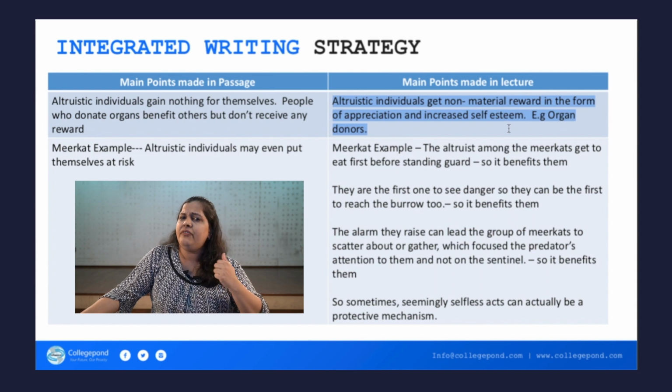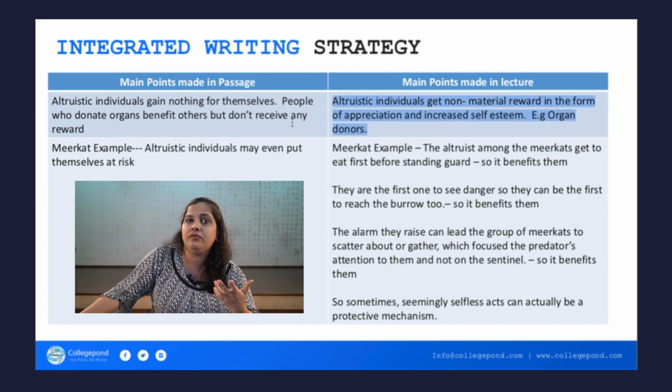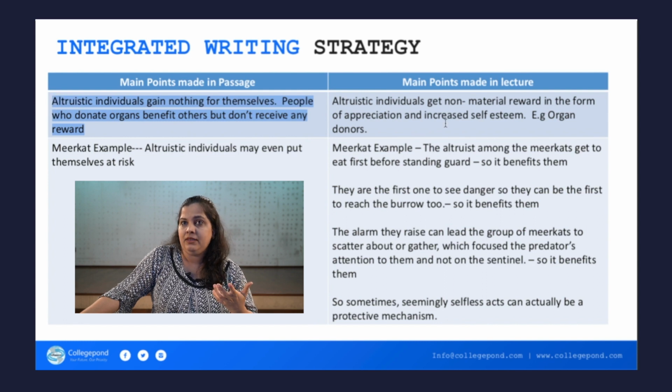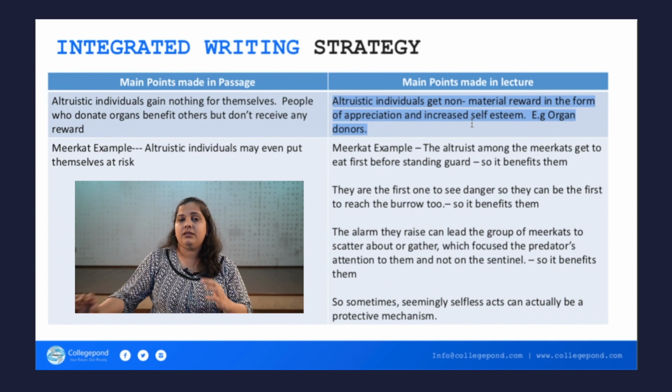Now this was not the first point she made, but I noted it down and I put it in front of this point because it directly correlates to that point. This was actually the second point that the lecturer made, but when I was listening to it, I just jotted down the points, and when I'm organizing my thoughts in the first 5 minutes, I'm actually putting the points in the right place.